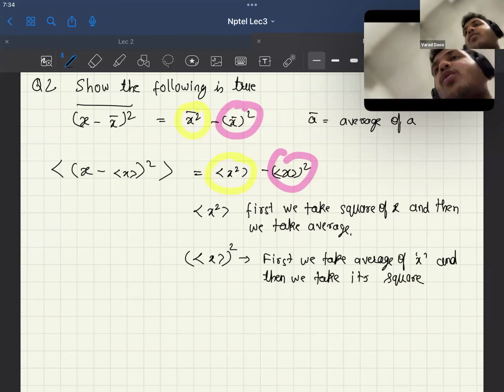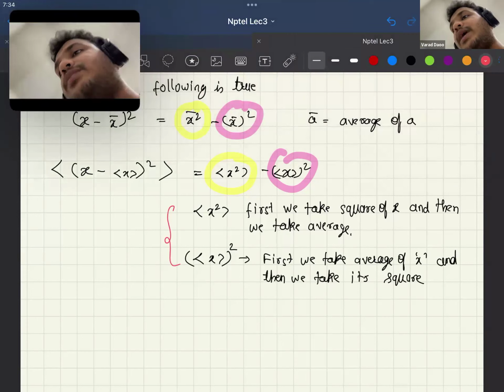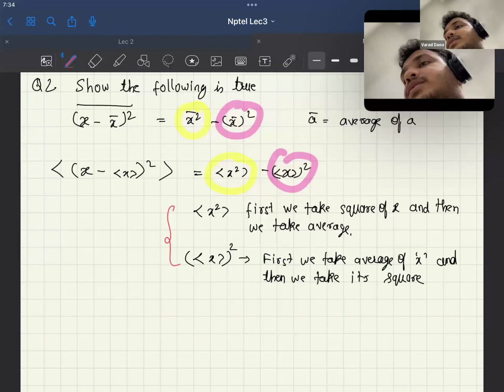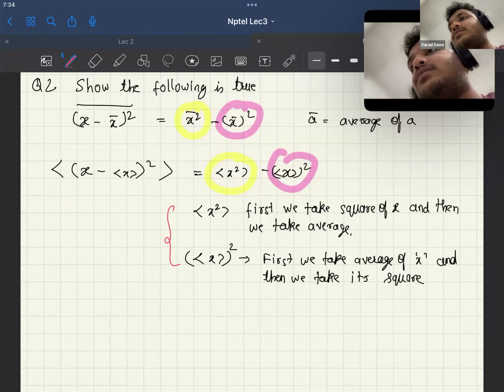This is a very important thing to know. These two things should be absolutely clear to you. These two are completely different properties.